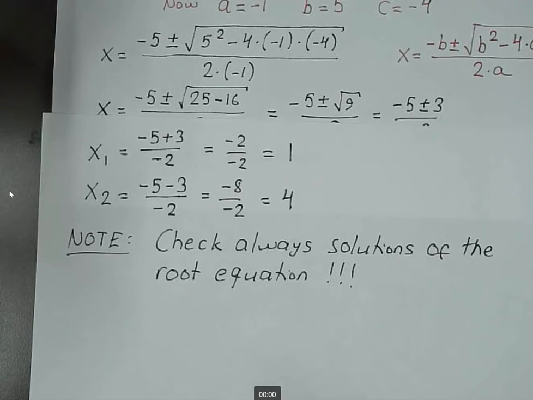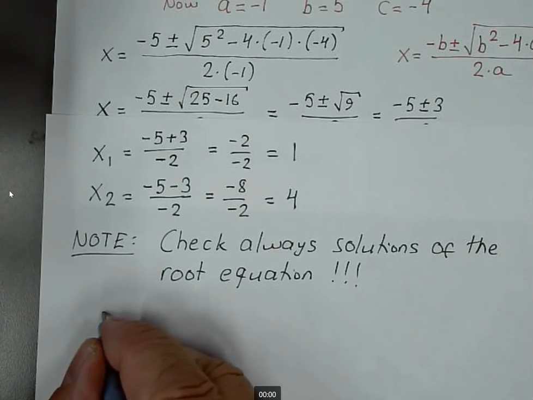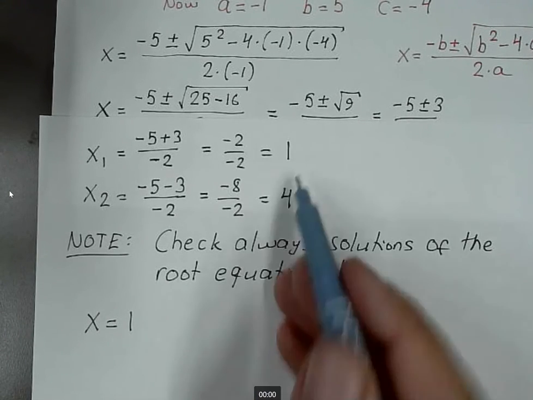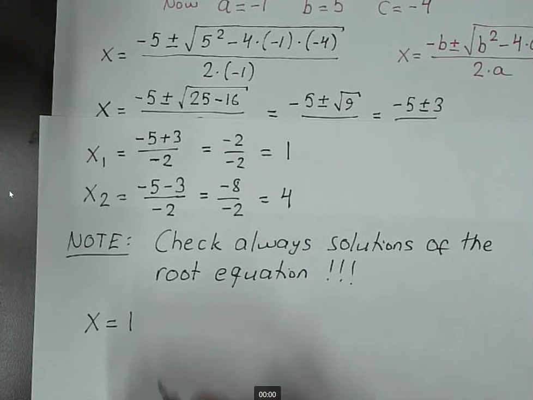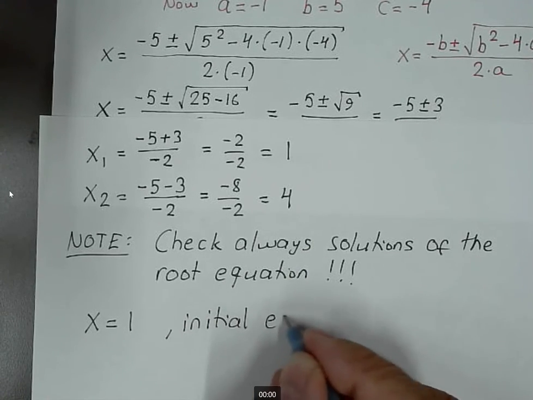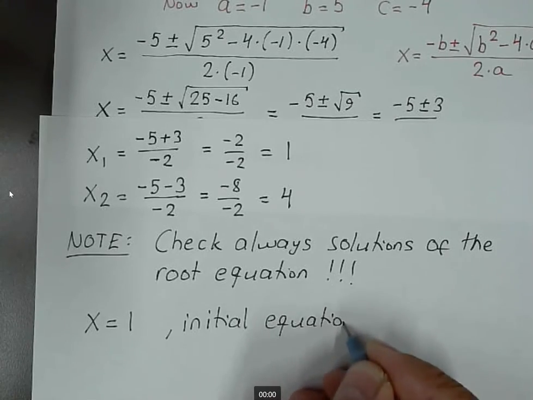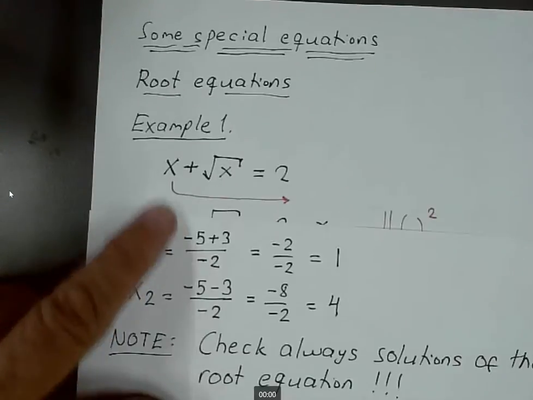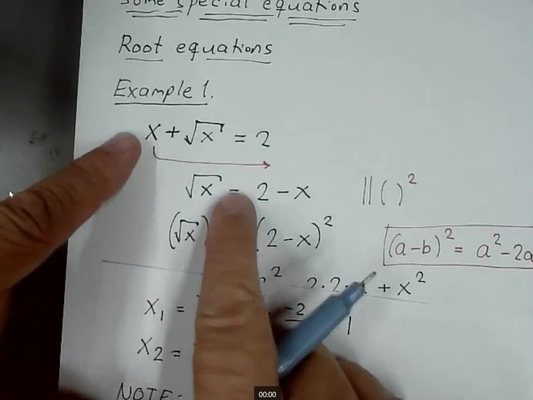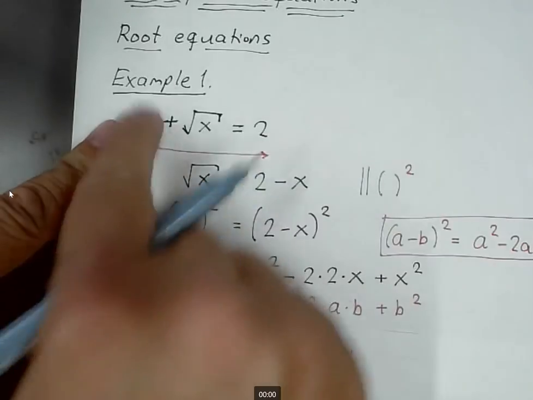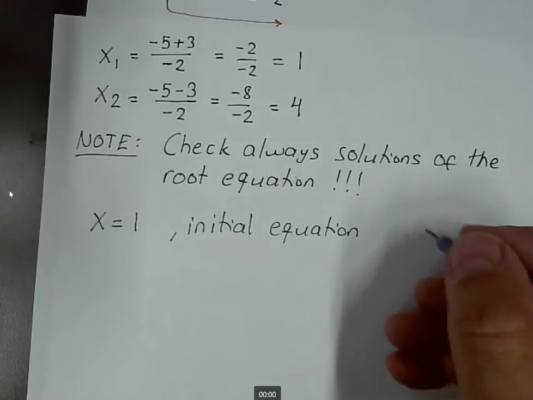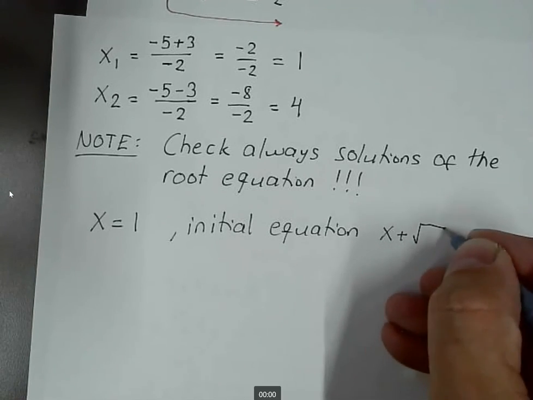So now when x equals 1, this first solution here, we will take the initial equation. It was this. So we will take the first one here, not this one or this one or this one, but the first here. I will write the equation here again.